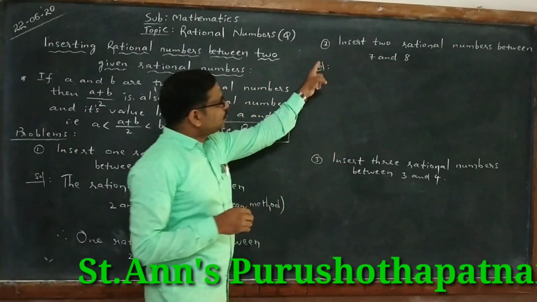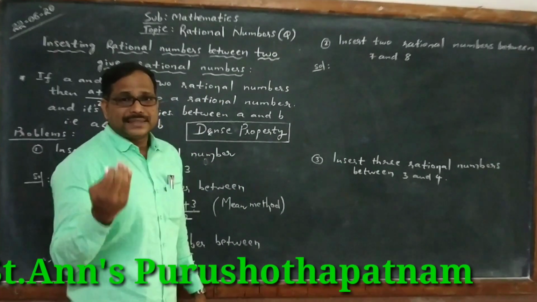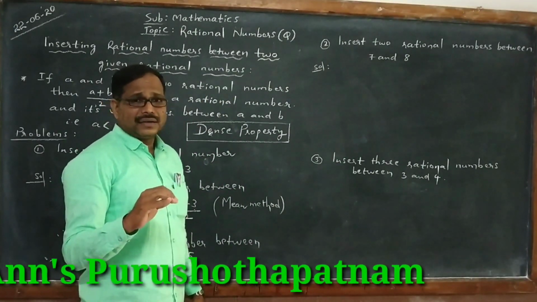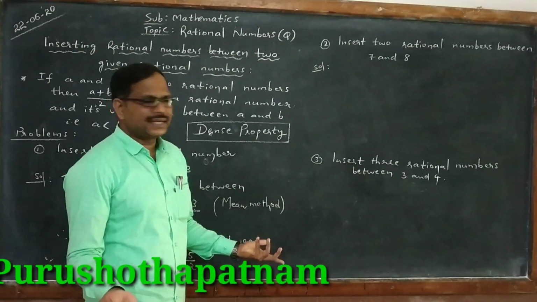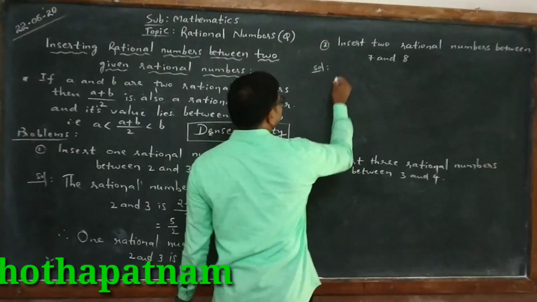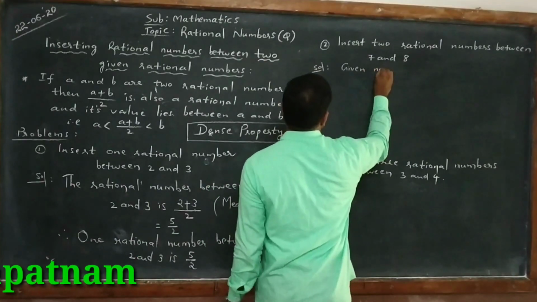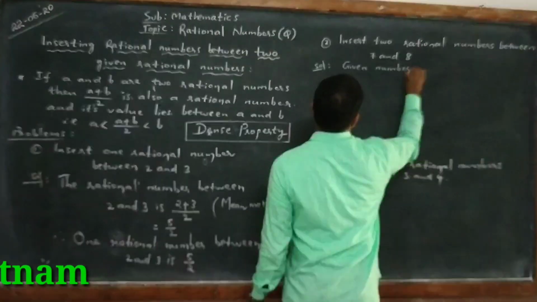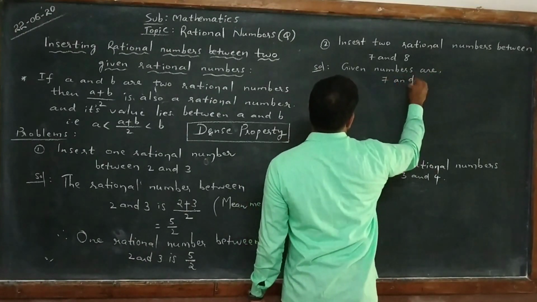Now insert two rational numbers between 7 and 8. Between 7 and 8, how many rational numbers are there? An unlimited number of rational numbers are there. So I am inserting two rational numbers here. Given numbers are 7 and 8.